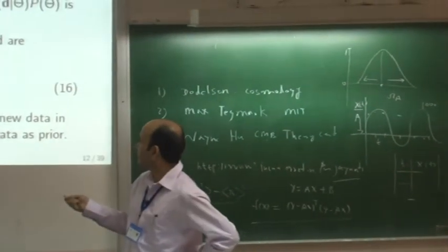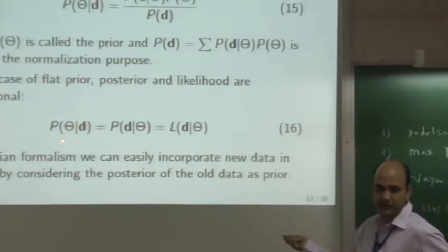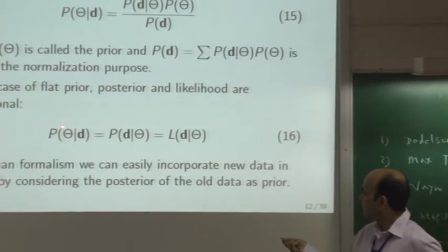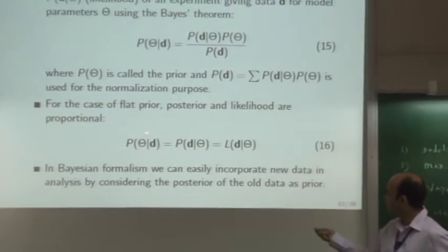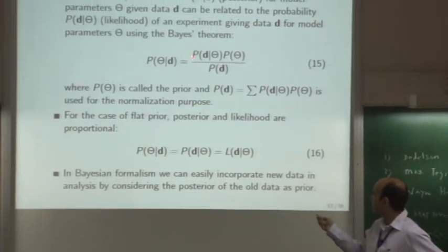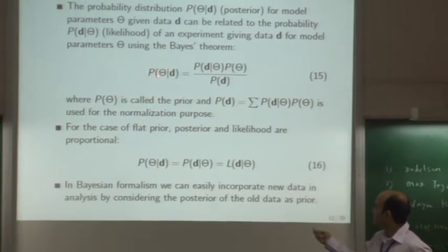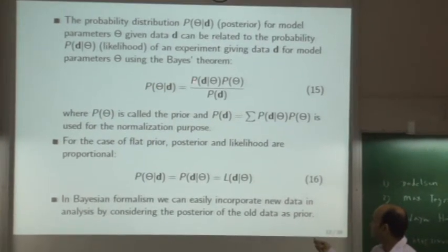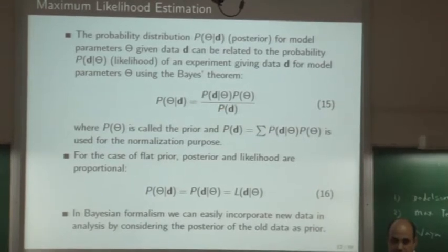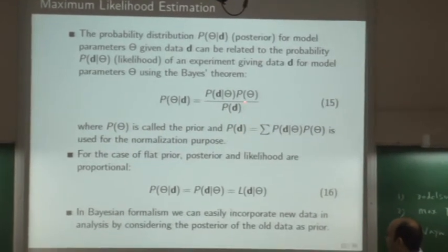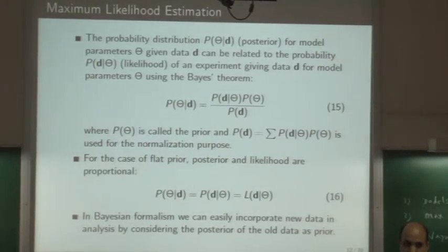Given a data set D, we want to know P of theta given D. But from this Bayes theorem, we can see that P of theta given D is proportional to P of D given theta. You can ignore this part simply, it does not depend on the theory.